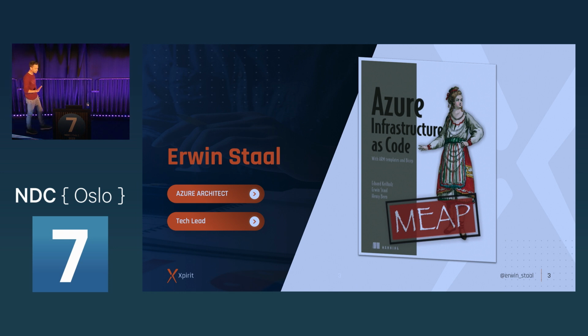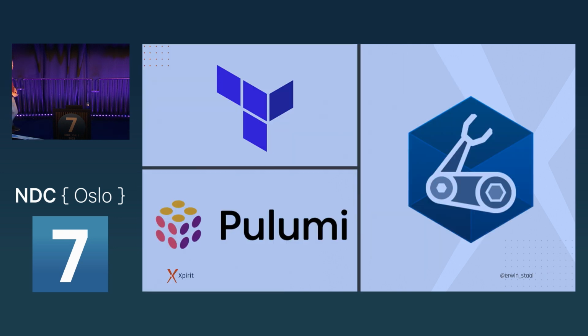How do we structure things? How do we do permissions? How do we roll out our infrastructure? So there's a chapter on Azure DevOps and a chapter on GitHub Actions, etc. So if you, after today, think that your next project should be done using Bicep, well then this book might be something for you. All right, so today we are going to talk about these three tools.